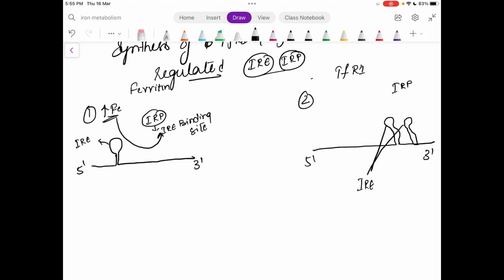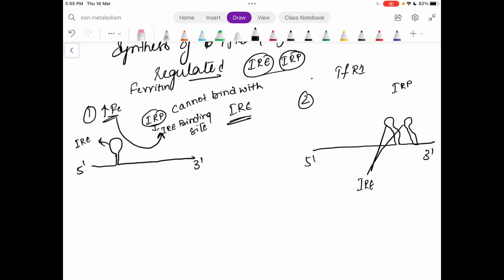This iron will bind with the IRE binding site on the IRP. If this IRP is occupied by the iron, then IRP cannot bind. This IRP cannot bind with IRE whenever iron levels are increased.